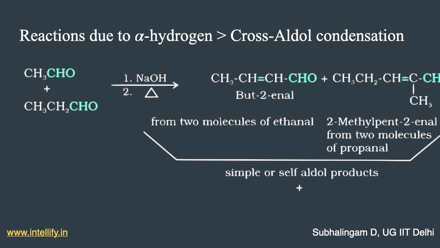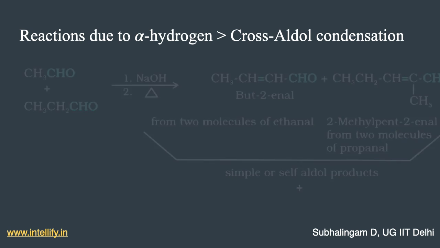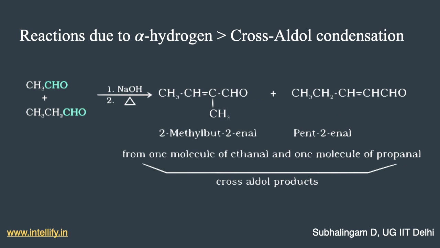From two molecules of ethanal, we get the above one, that is the simple or self-aldol product. And from one molecule of ethanal and one molecule of propanal, we get cross-aldol products. You can get these products like we did previously, using the technique I showed you, to directly get the condensation products.